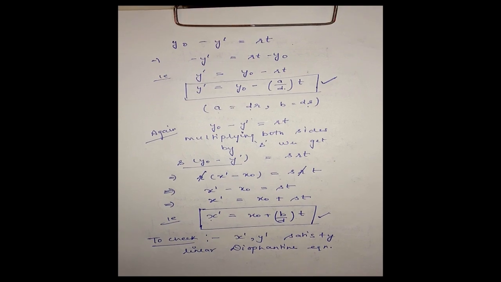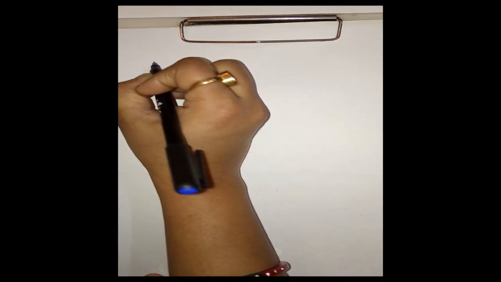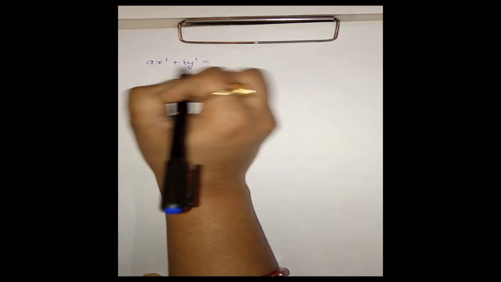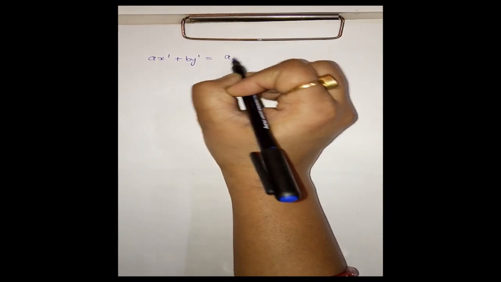Now we have this. ax dash plus by dash. We are going to prove this is equal to c. Then only we can say x dash and y dash given by these two is a solution. Okay. Now ax dash plus by dash is equal to a.